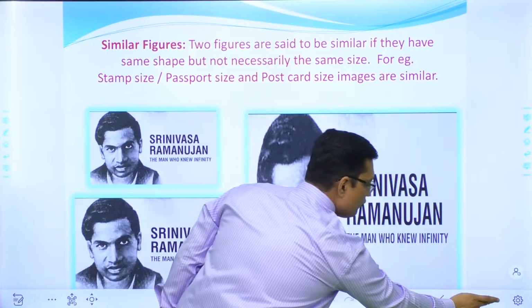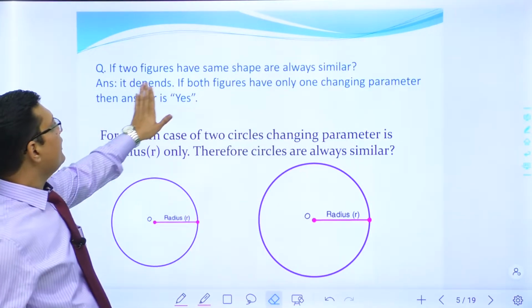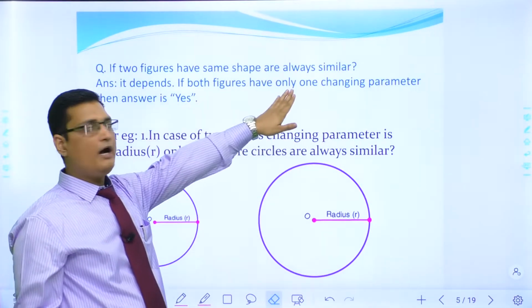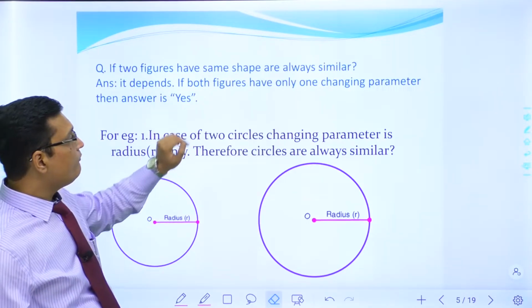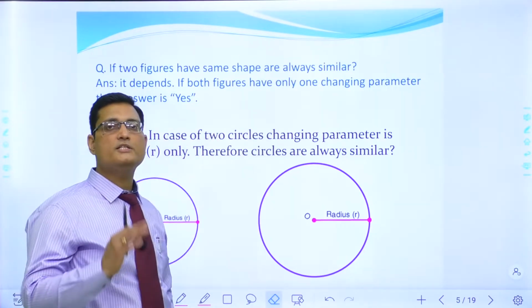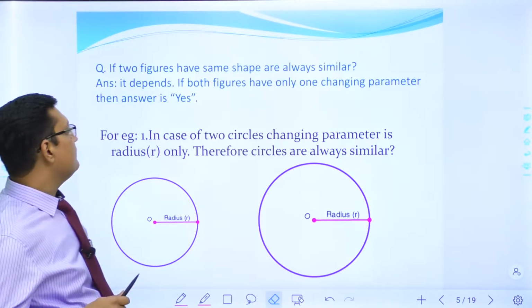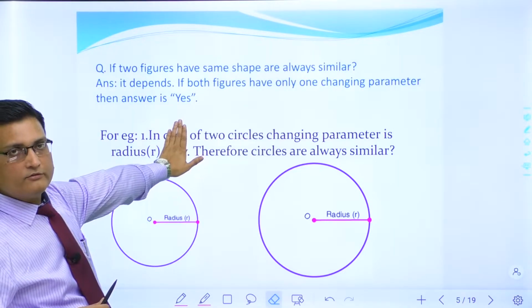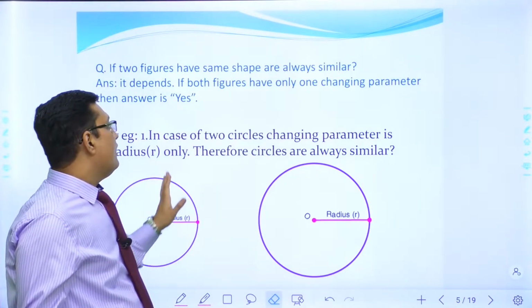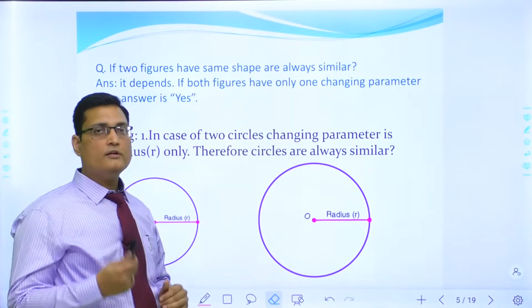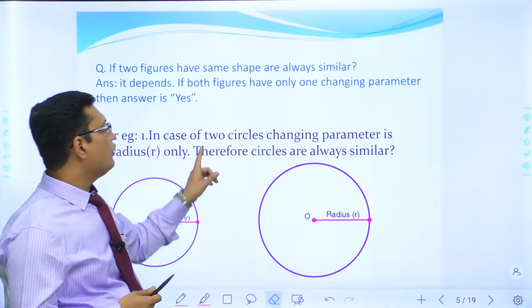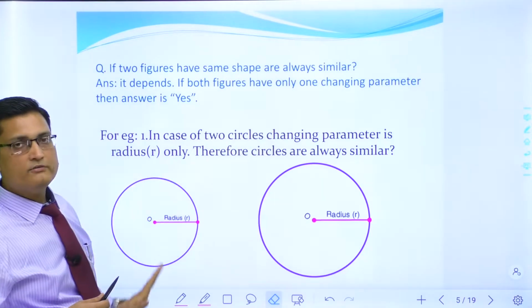Now the question arises: if two figures have the same shape, are they always similar? Your answer should be, it depends. If both figures have only one changing parameter, then the answer will be yes. For example, all circles are similar. What is the reason? It depends on only one parameter, that is the radius.